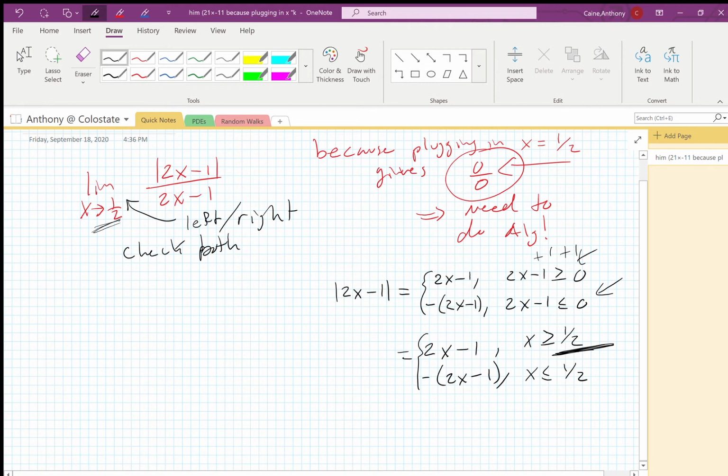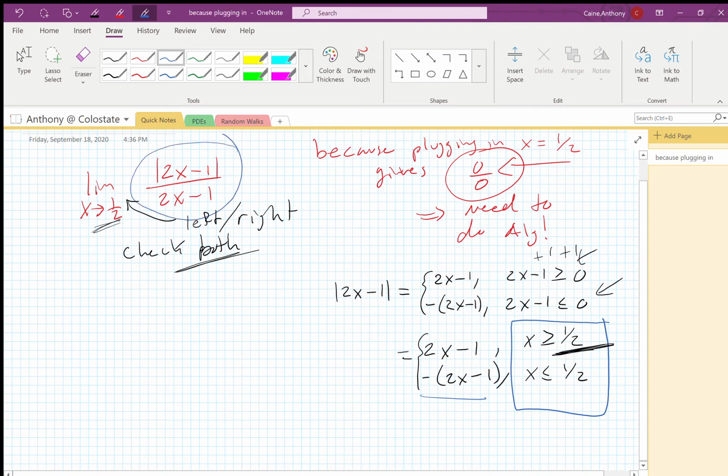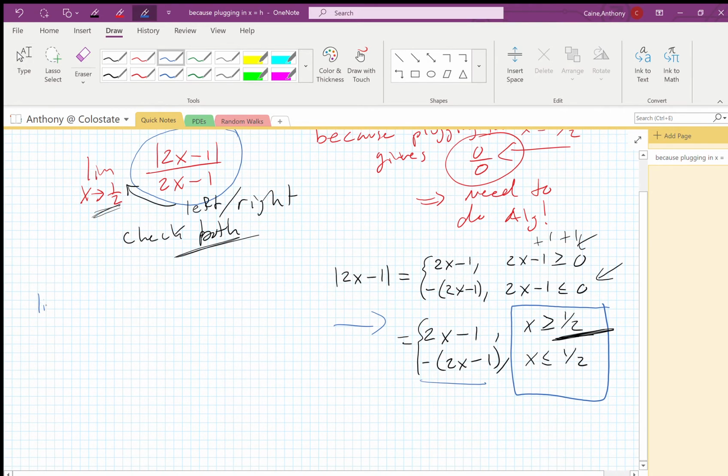And the reason I have to check both is not just because there's no left or right, but also because the exact situation of being bigger or less than 1/2 is exactly what changes my function. So there's really two functions written here. It's all implicit. If you don't know this material, it's not clear, but that's actually what's happening.